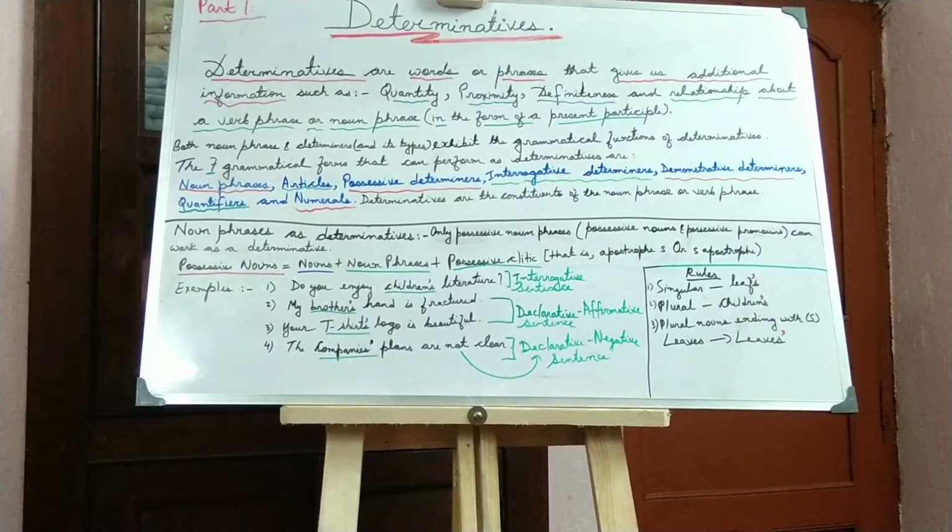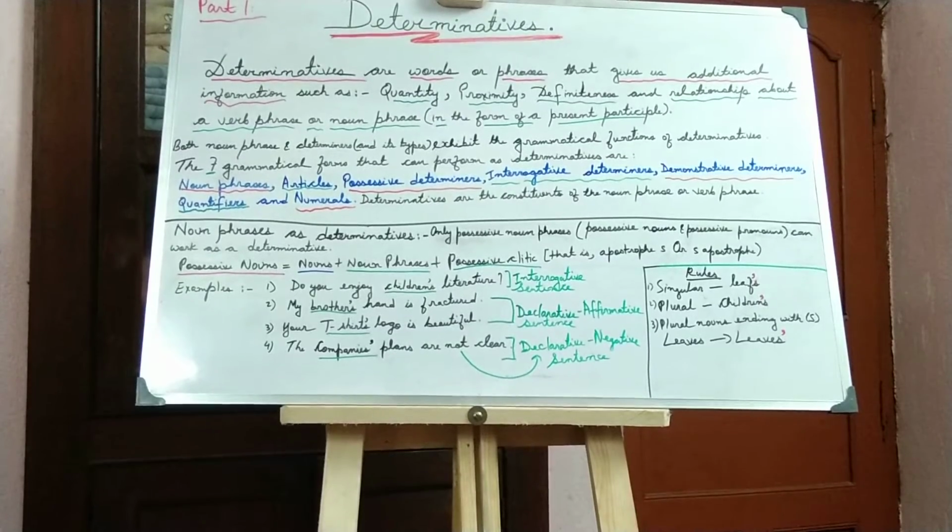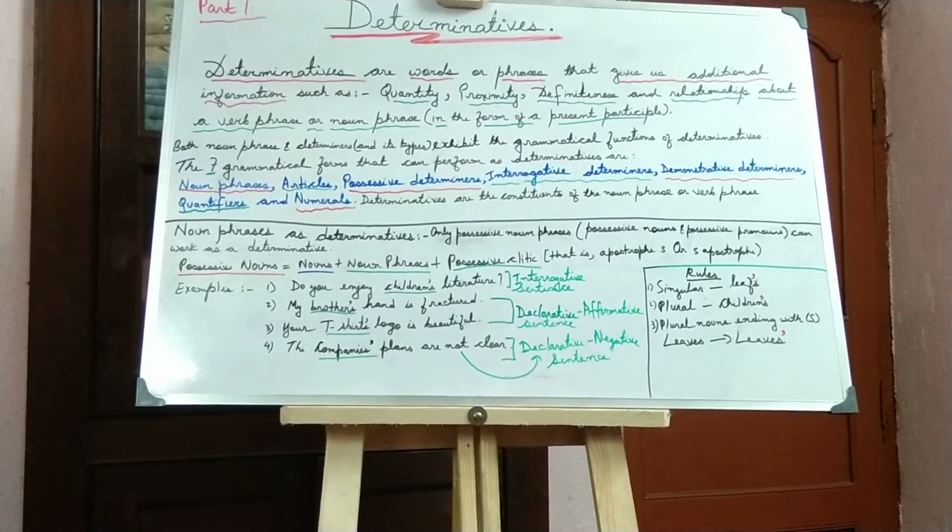We want to know the information regarding the quantities, regarding the proximity or closeness, or how close one part of speech is with that of another, or how one of the functions of grammar is closely related to another function or another part of speech.